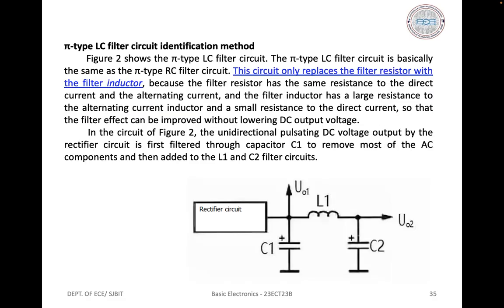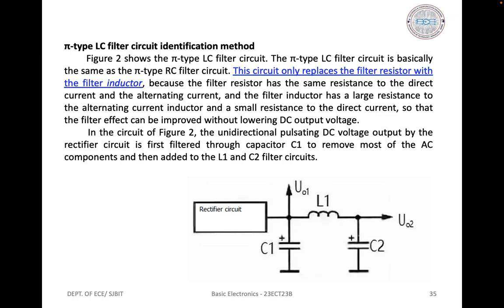So coming to the pi type LC filter circuit identification method. Before that, if the resistor R1 in the RC pi filter is replaced with an inductor, that is L1, as in this figure, the DC voltage drop due to IL is almost completely eliminated because the inductor winding resistance is likely to be very much smaller than the resistor.